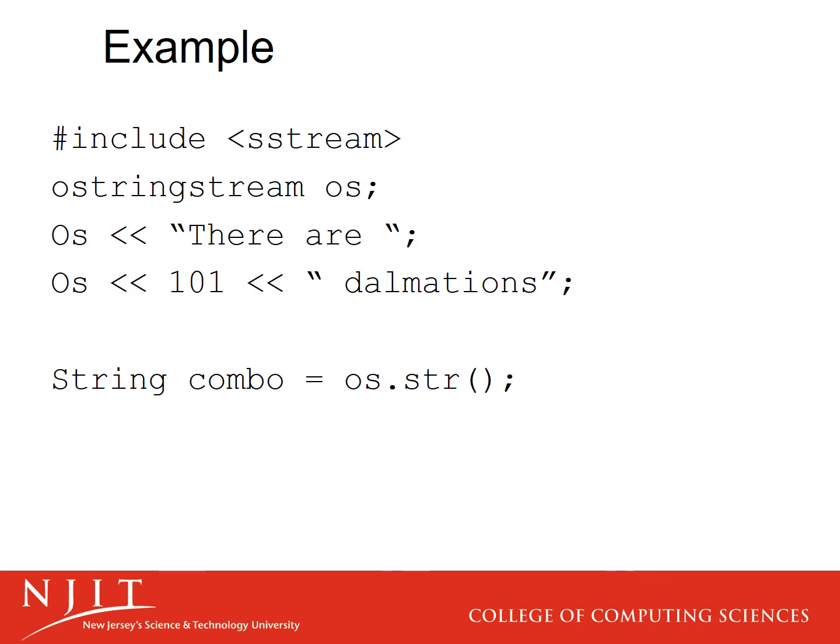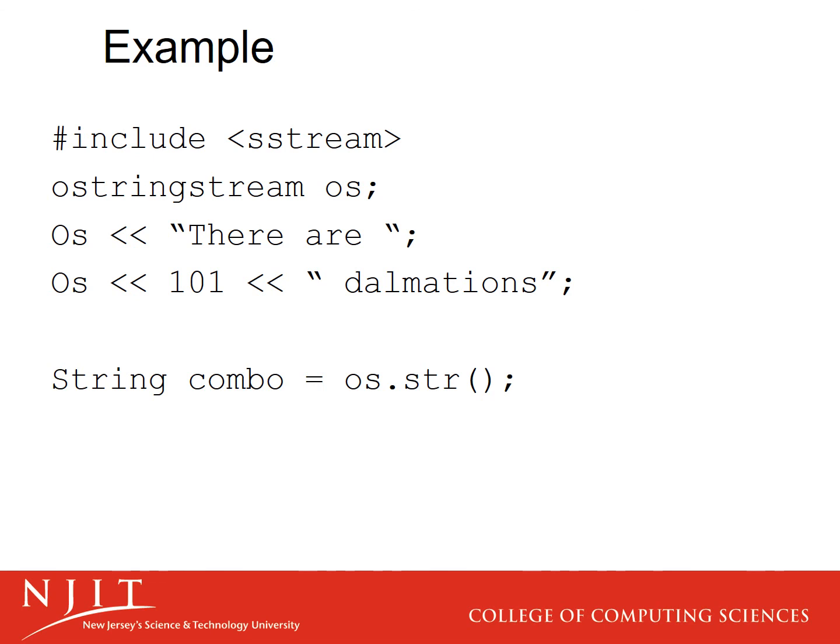Then I can take that variable and use its .str method to get the string that has been assembled in that string stream. Here I have put the string "there are", the integer 101 and the string "Dalmatians" into os. os.str() will be equal to "there are 101 Dalmatians".